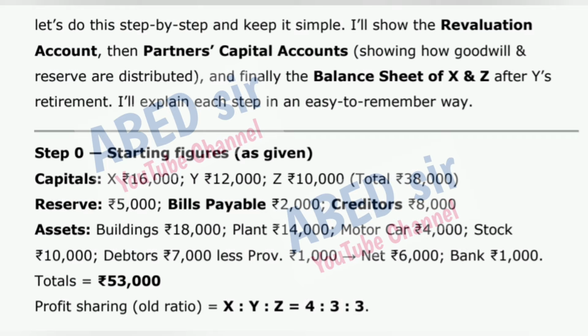Assets: buildings 18,000 rupees, plant 14,000 rupees, motor car 4,000 rupees, stock 10,000 rupees, debtors 7,000 rupees less provision 1,000 rupees, net 6,000 rupees, bank 1,000 rupees. Total is equal to 53,000 rupees. Profit sharing, old ratio, X, Y, Z is equal to 4:3:3.